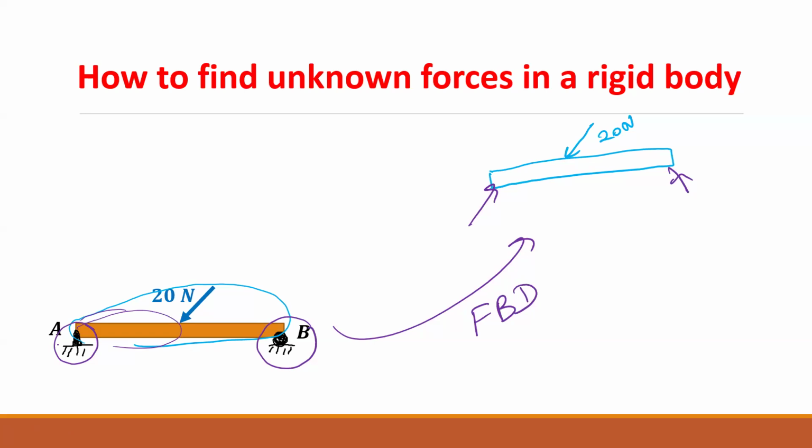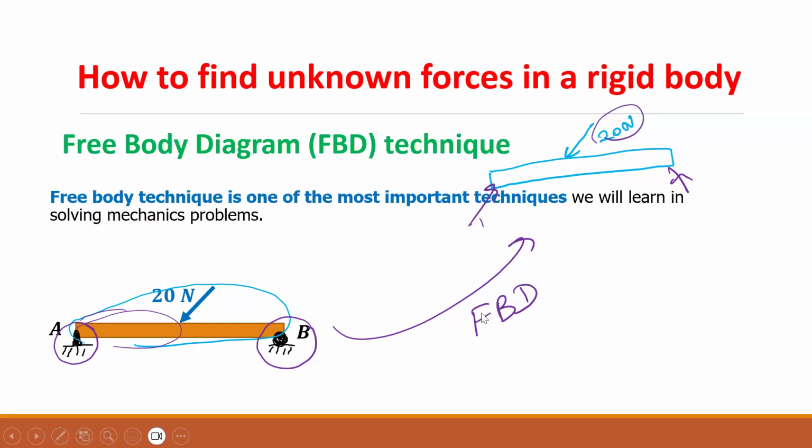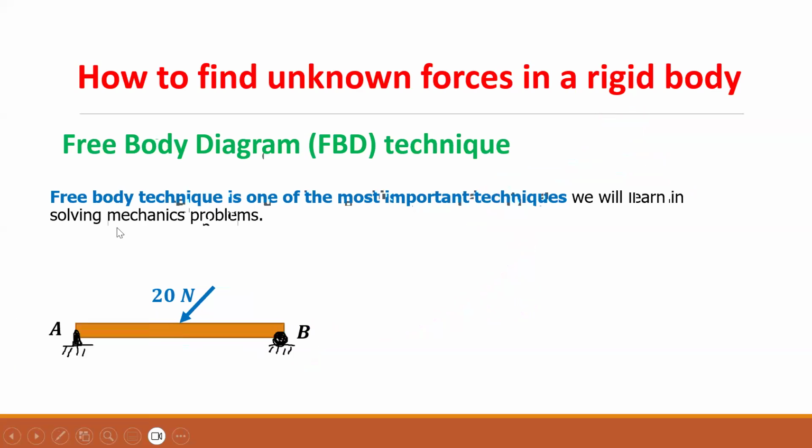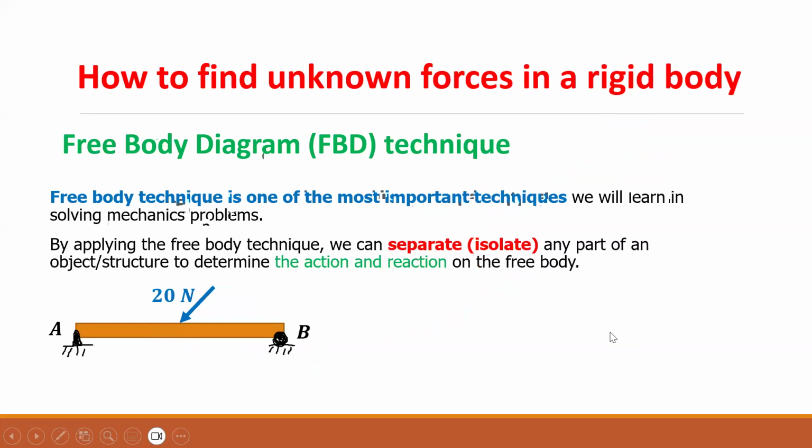You consider the beam that you need to analyze, separate it, and apply all the forces acting on the beam. That we call the free body diagram. Free body diagrams are very important because without that, we can't solve this problem. The free body diagram technique is one of the most important techniques we will learn in solving mechanics problems.